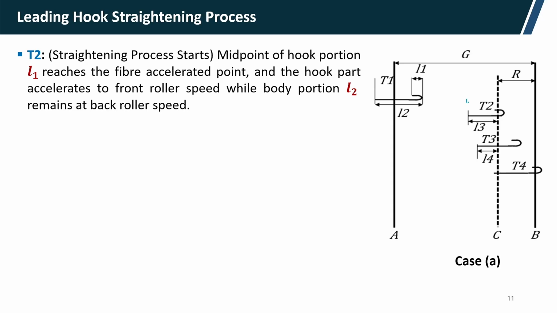At this point the midpoint of the hook portion, that is L1, reaches the accelerating point C, and the hook part is accelerated to the front roller speed, while the body part is moving at the back roller speed.